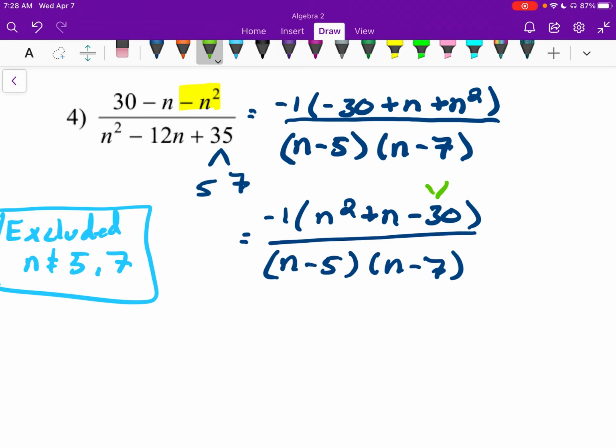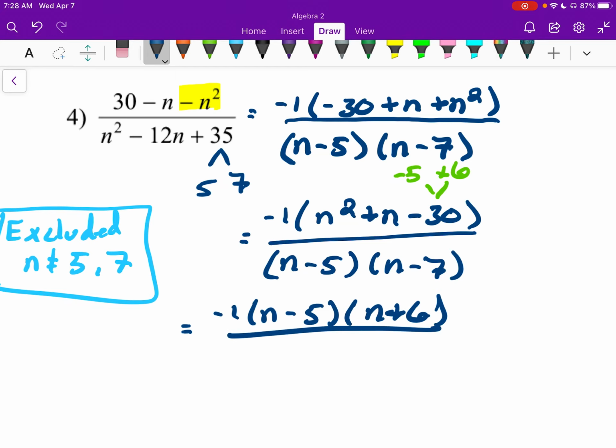We could say, well, 5 and 6, right? So if we had a negative 5 and a positive 6, that would give us a positive 1. Yep. So this will be negative 1, n minus 5, n plus 6 over n minus 5, n minus 7.